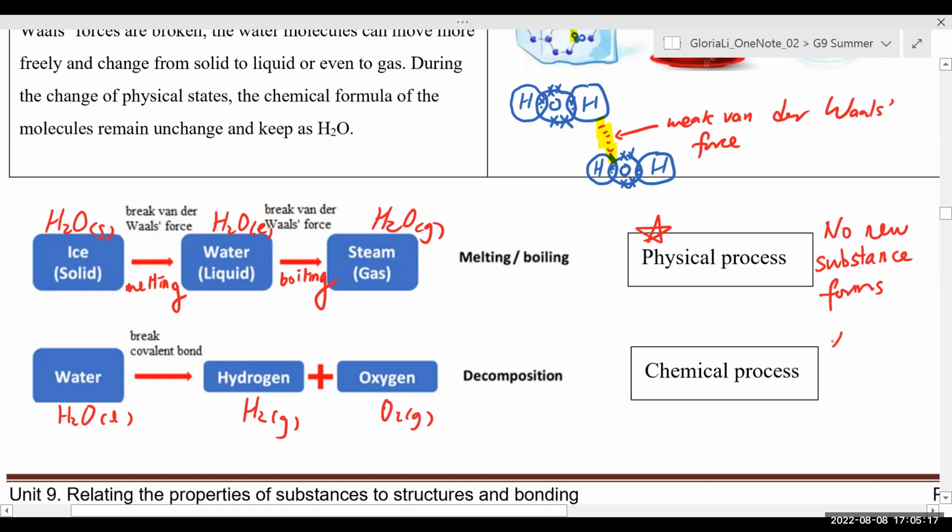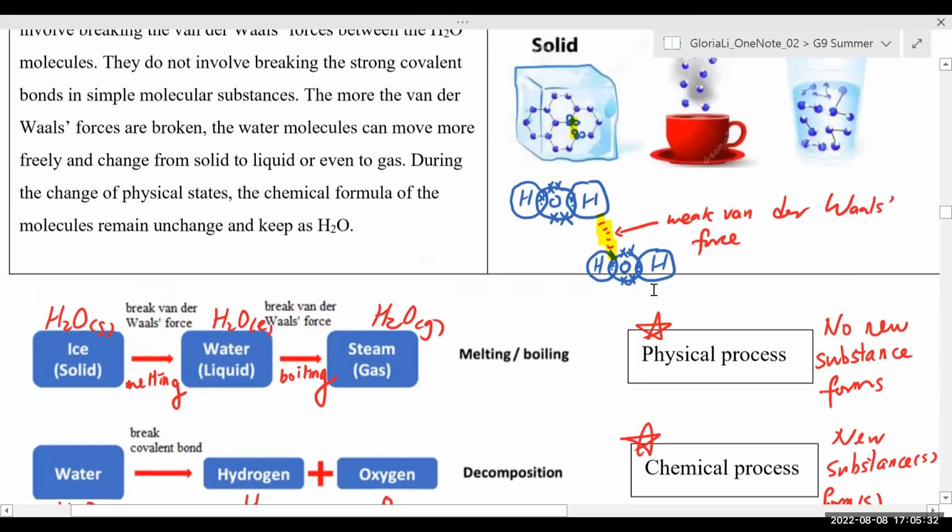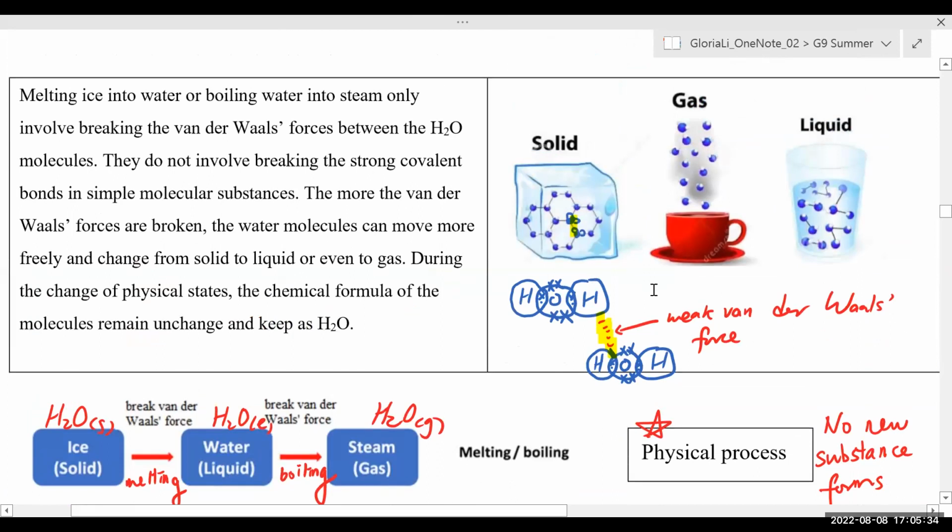During this process, new substances form. That's why we call it a chemical process. Always remember, during heating, it only involves breaking the van der Waals force, but does not involve breaking the strong covalent bond.